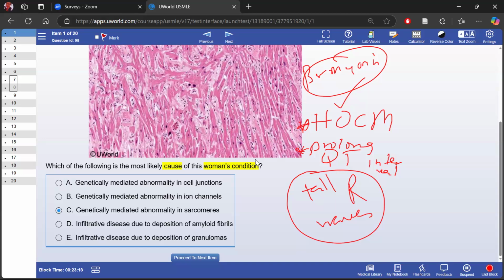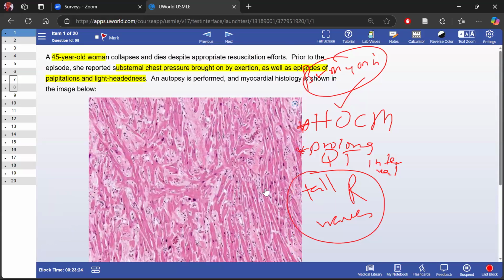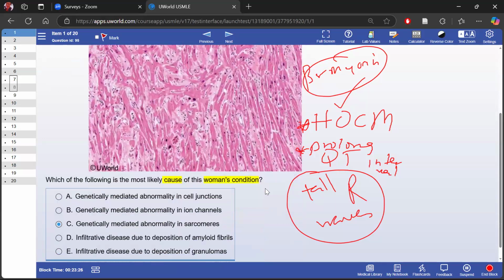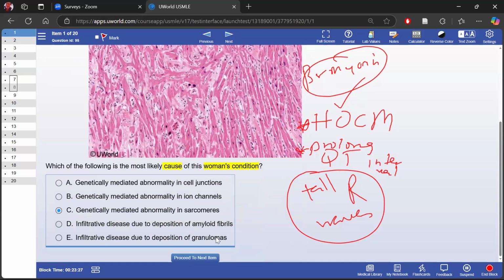Okay, arrhythmias. All right, any question on this before we move on?